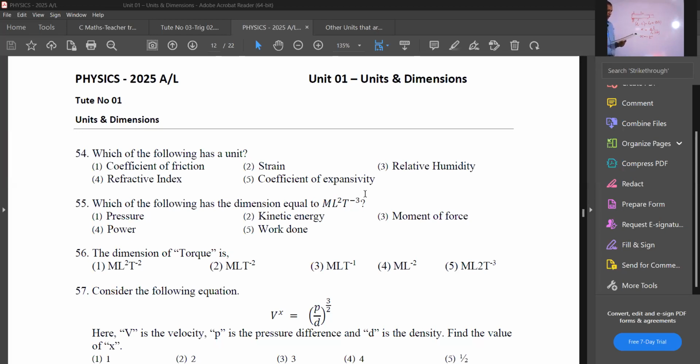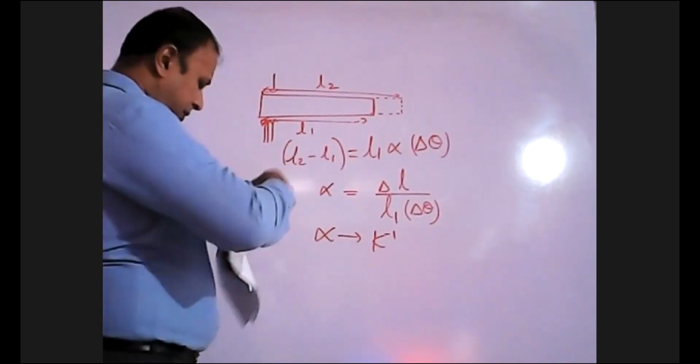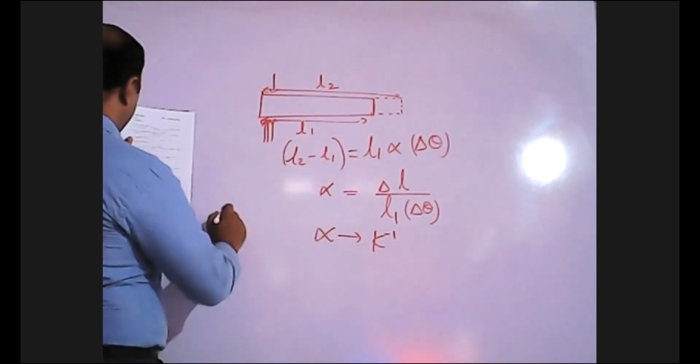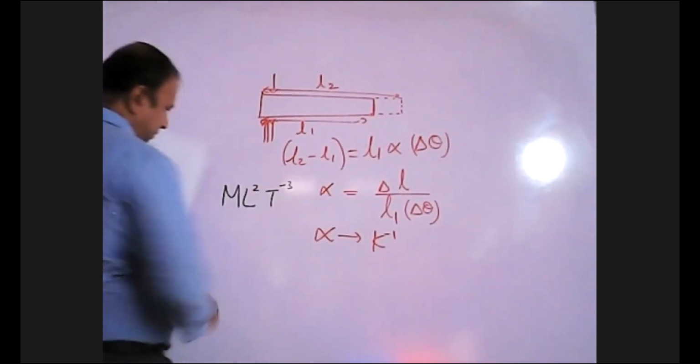55th. Which of the following has a dimension equal to ML squared T minus 3? So what is the answer? 55. The answer is 4.